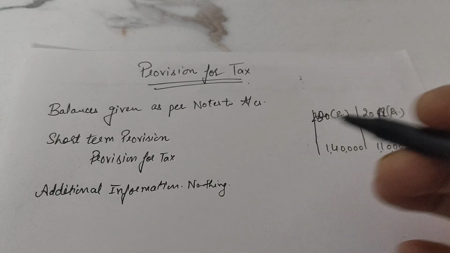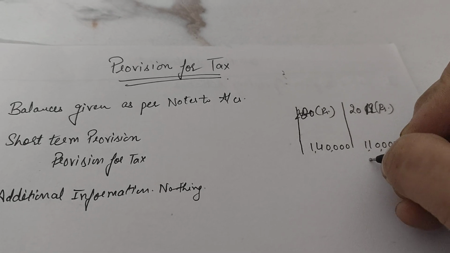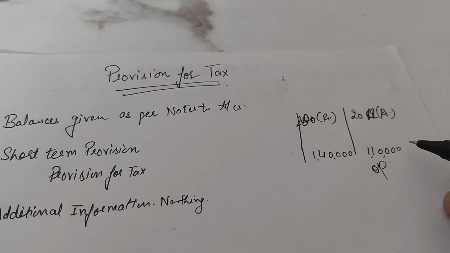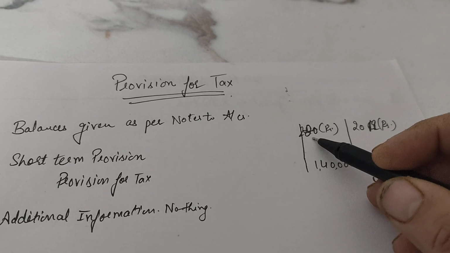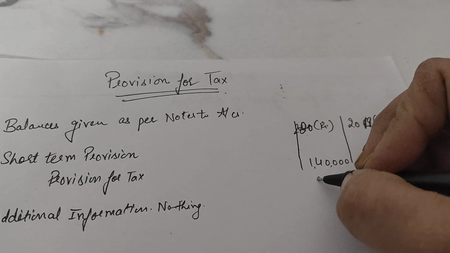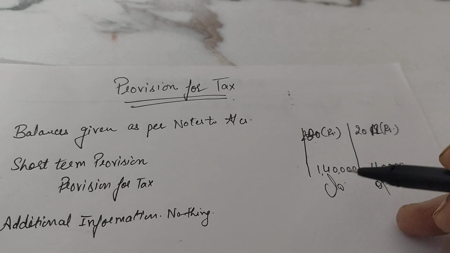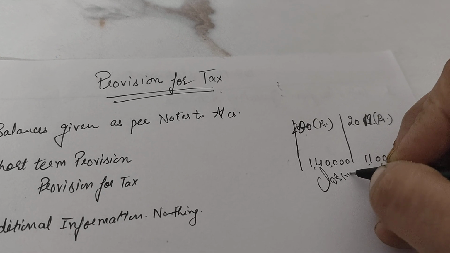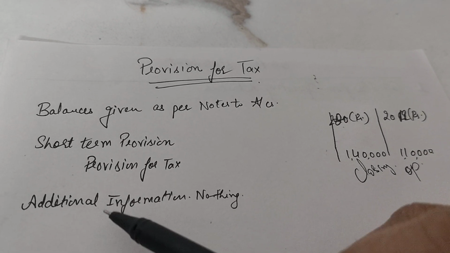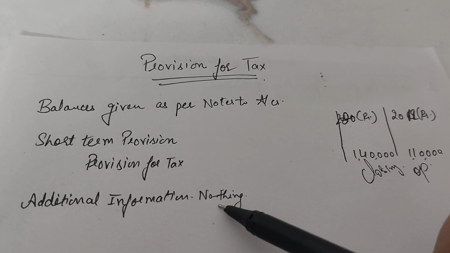This is given to us, the opening balance of rupees 1,10,000 for your provision for tax, and 2020 here the closing balance for the provision for tax is given, that is rupees 1,40,000. And if you talk about any additional information, nothing is given in the question, right?